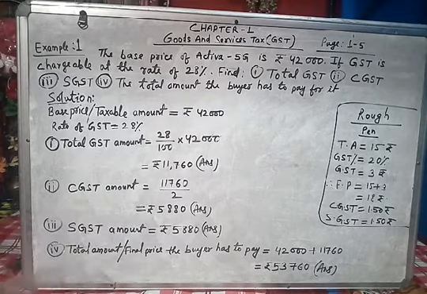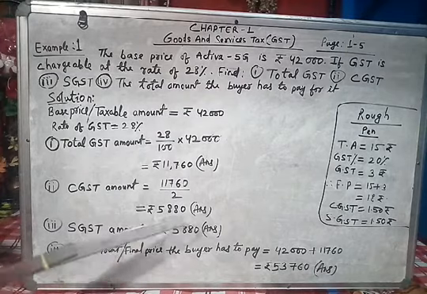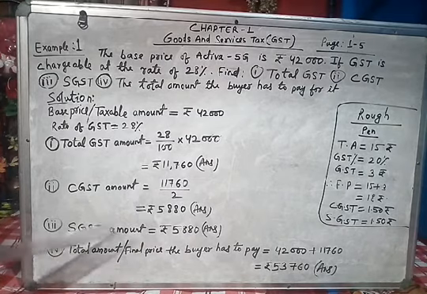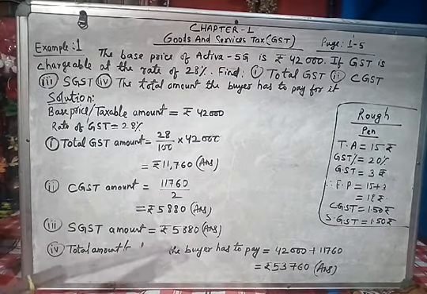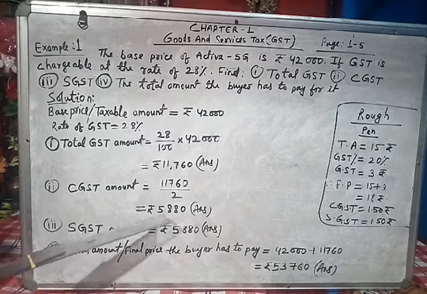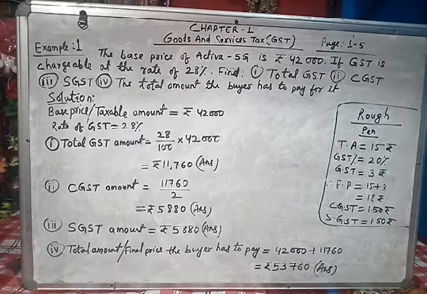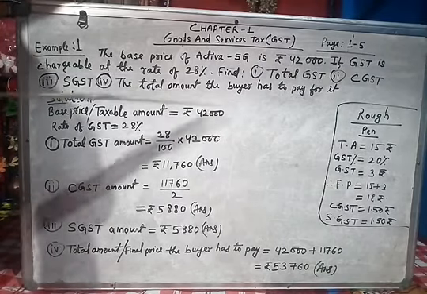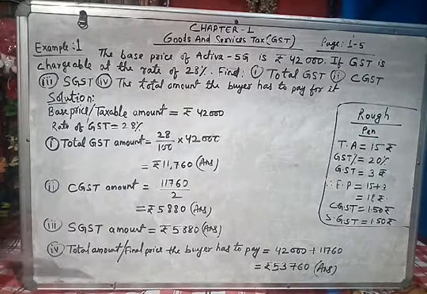Now very easy, SGST will also be the same. No need to divide again, because the amounts of CGST and SGST are equal, since the tax is equally divided into two halves. So same answer. Number 4, the final price, or the total amount that the buyer has to pay. Why final price?